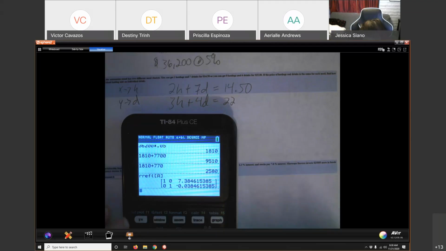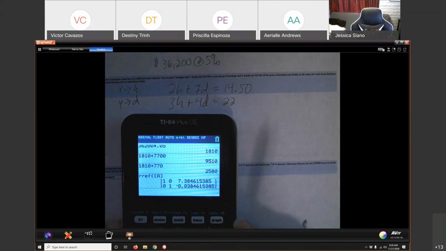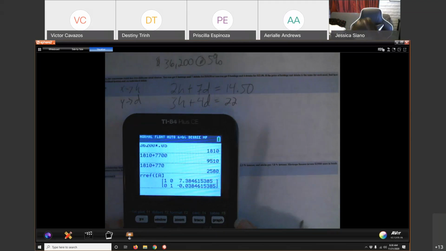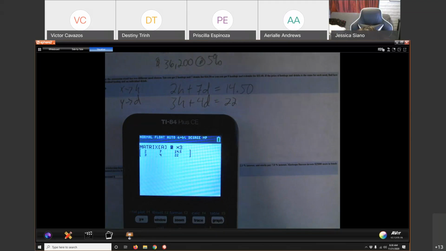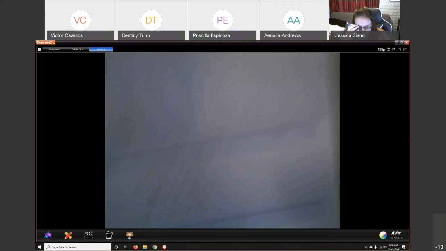Oops, what did I mess up? 2 hot dogs, 7 drinks, $14.50. 8 hot dogs, 4 drinks, $22. Okay, so then I must have put my matrix in wrong. I feel like the font on this is so small that maybe I'm reading it wrong. That's 8 hot dogs and 4 drinks, not 3.